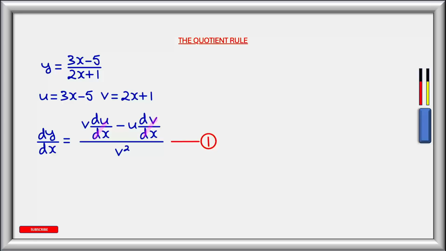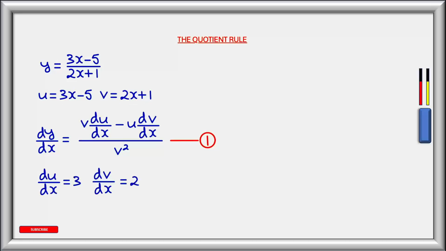So du/dx is the derivative of u with respect to x, where u is equal to 3x - 5, and dv/dx is the derivative of v with respect to x, where v is equal to 2x + 1. So let's find these derivatives.